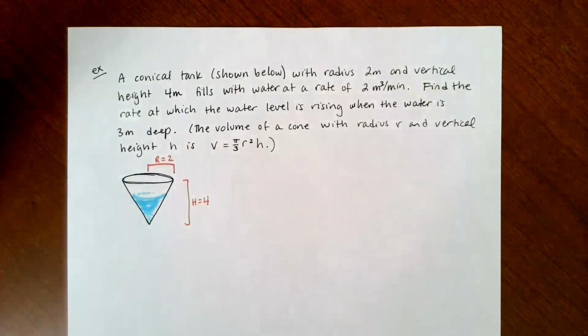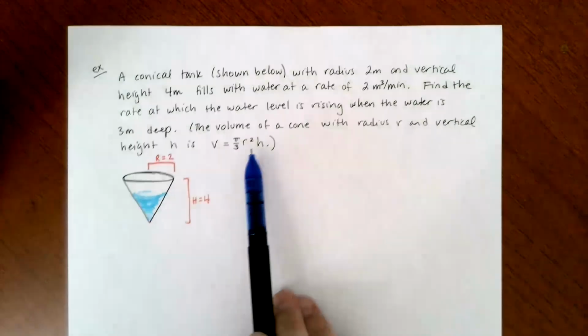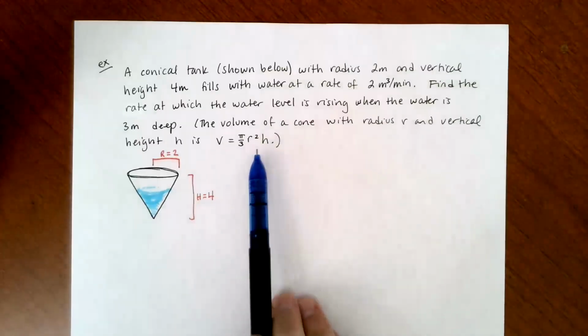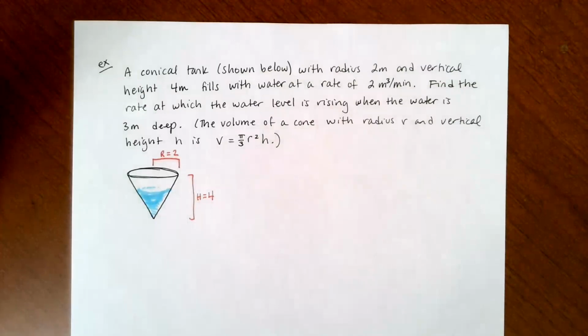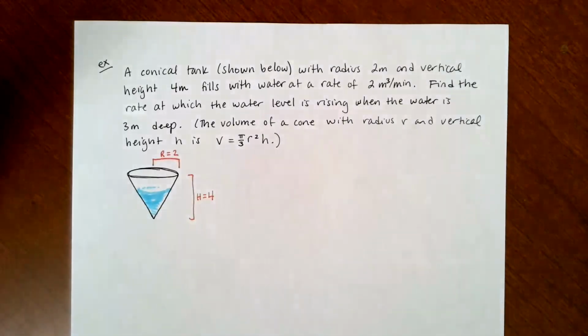And they're telling us the volume of a cone has this formula because that's not something that most people just know. This is definitely a formula that would be provided with the problem if it came up on a test or quiz. All right, this problem has a lot going on, and it's going to call for a little bit of math that we haven't had to remember probably in quite some time.